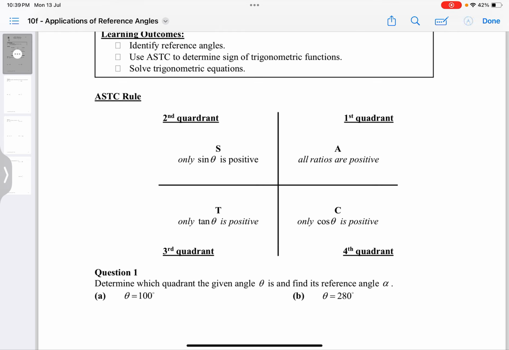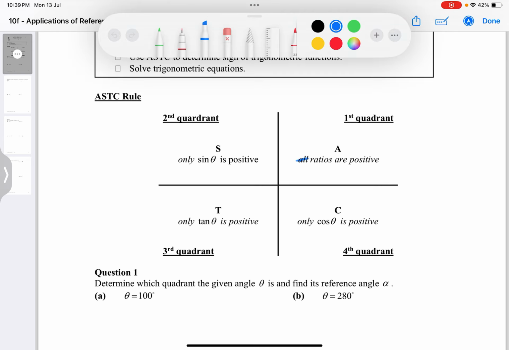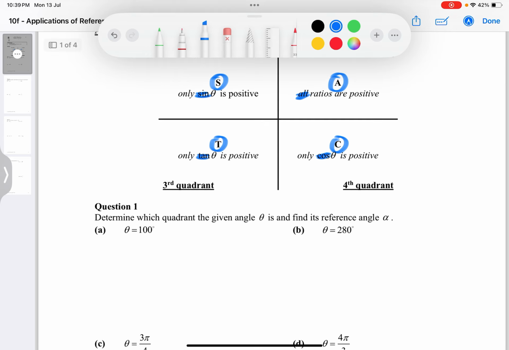So A represents all ratios, S represents sine, T represents tangent, and C represents cosine. In the previous video we have already watched and explained why these four quadrants have different signs, and if you still don't understand, you'll understand it greatly when we do the graph sketching chapter.